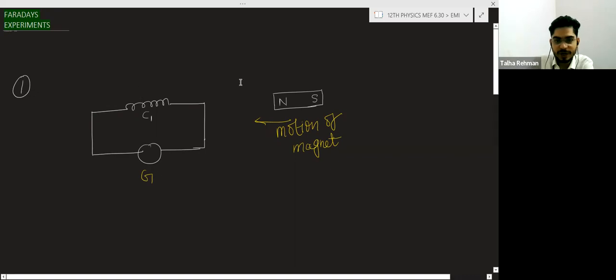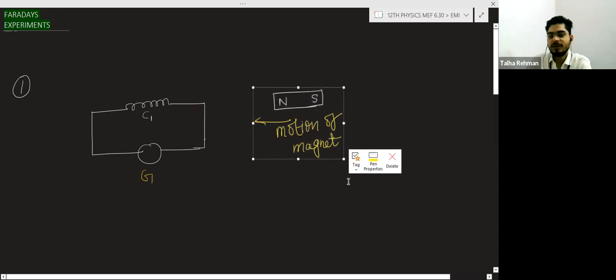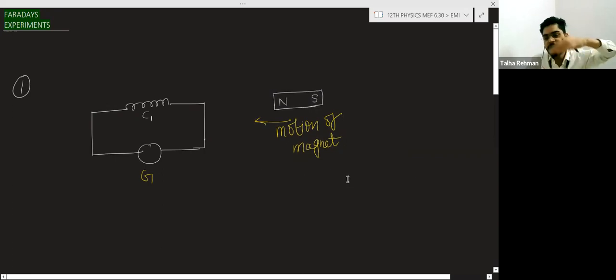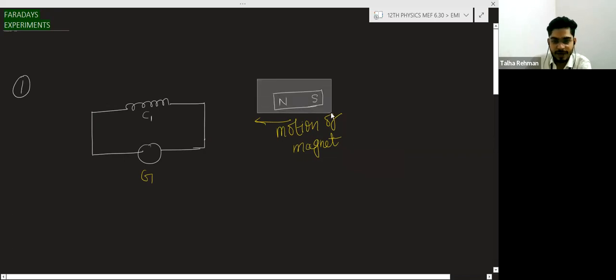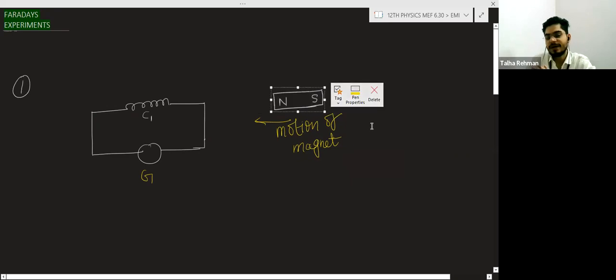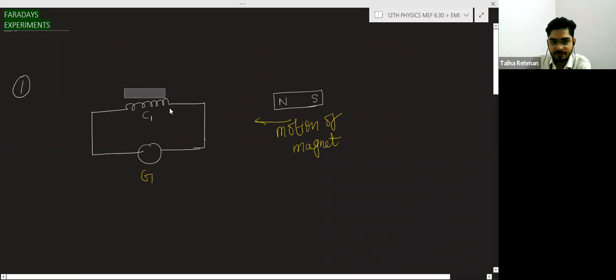You can note one thing here: due to this magnet, there will be a magnetic field around it, and this coil is in the magnetic field of this magnet. Initially, the magnet is here, so there will be some magnetic field here.